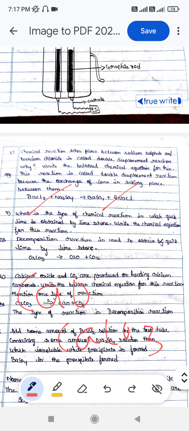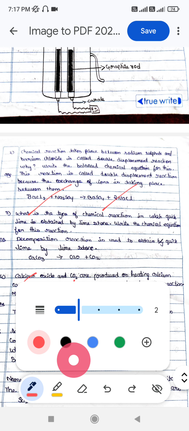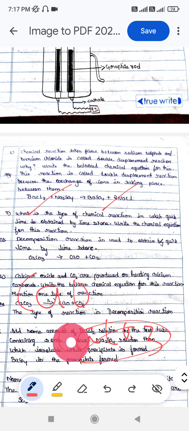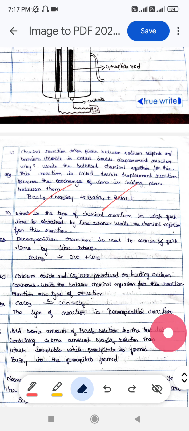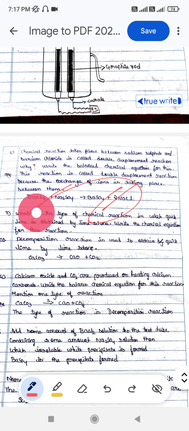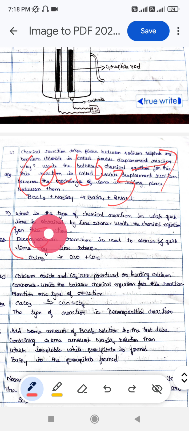So, quicklime is obtained from limestone; write the chemical equation. What kind of reaction is it, and how do they obtain it? Limestone, CaCO3, is heated. Heated means it will give calcium oxide plus CO2.